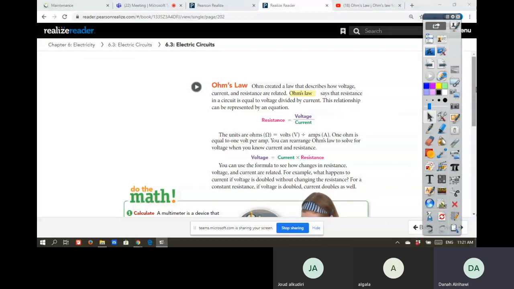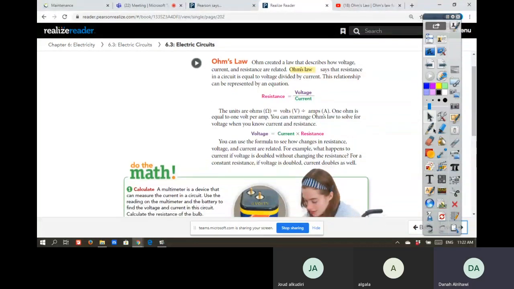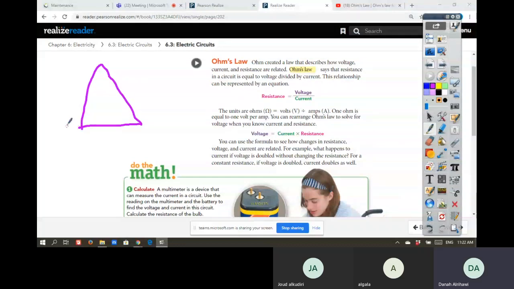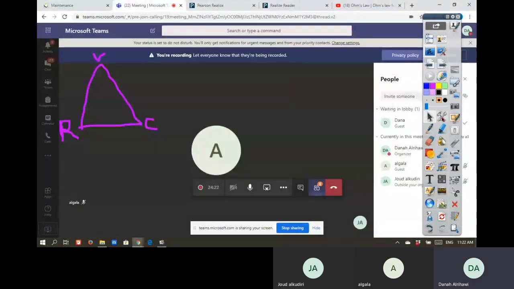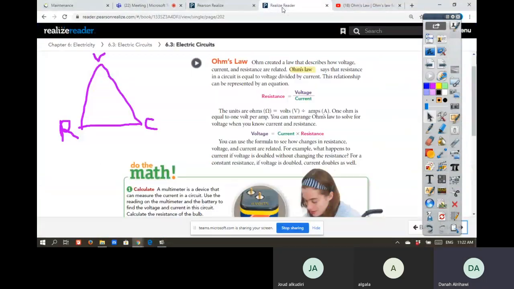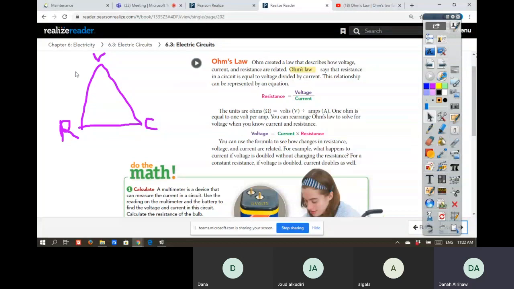Ohm's law is represented as a triangle. Resistance is voltage over the current. So resistance is voltage divided by current.